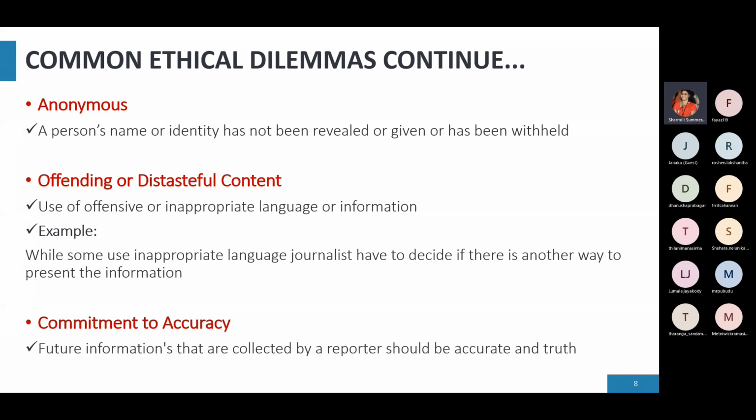In that manner, there is very inappropriate information, but we can't publish it or put it in the media directly. The journalist could find another way. They can use other types of words rather than those inappropriate words, or tell the information without causing any offence to the public.